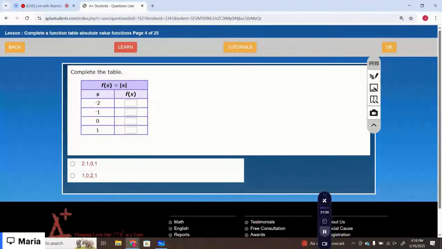F of s equals the absolute value of s. Which is the correct option? Option number 1 is the correct option: 2, 1, 0.